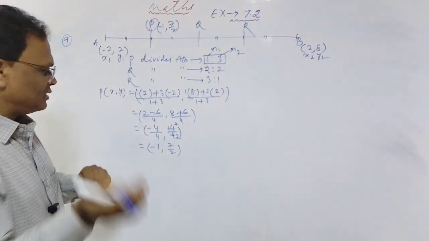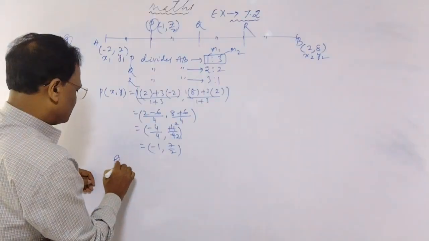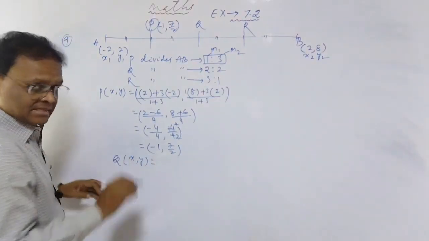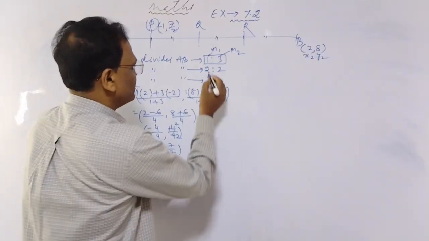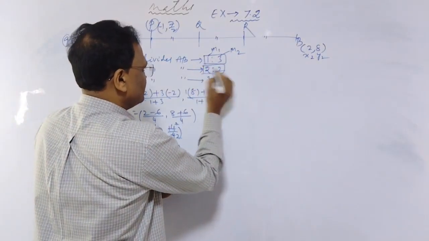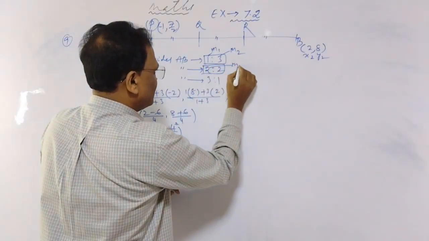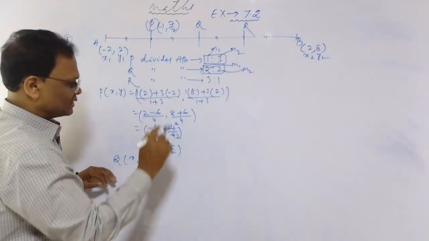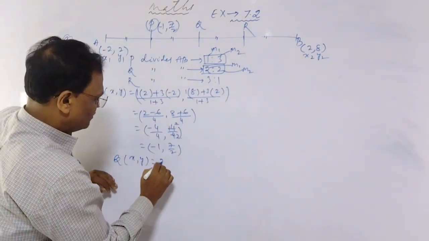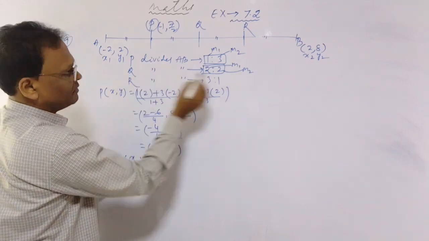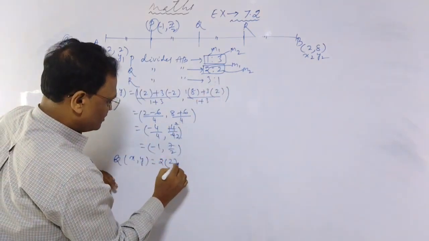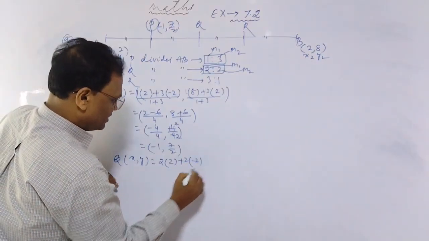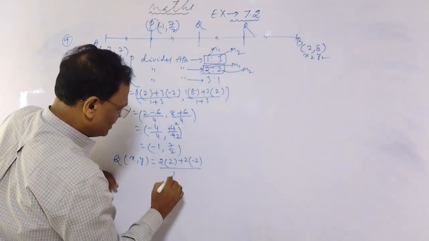Similarly, I can find the coordinates of Q by using the same formula. Q(x, y) is equal to, but in this case my m1 and m2 will be different. This is m1 and this is m2, both are equal, 2 each. m1 x2 plus m2 x1 divided by m1 plus m2.